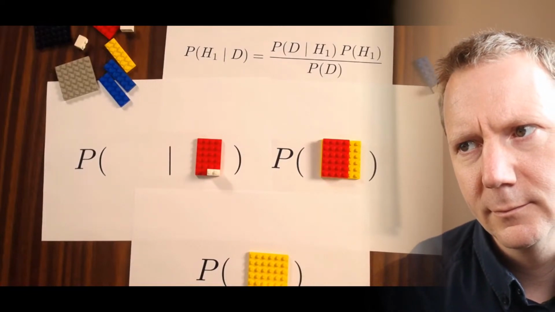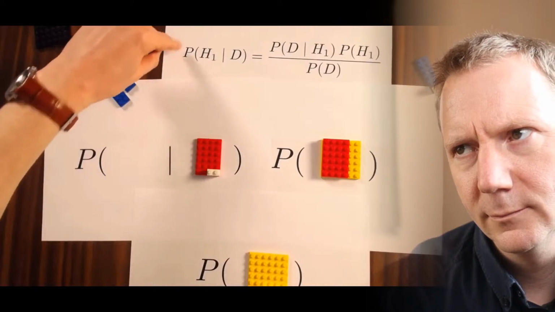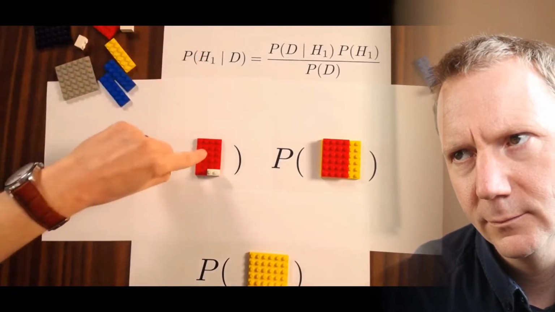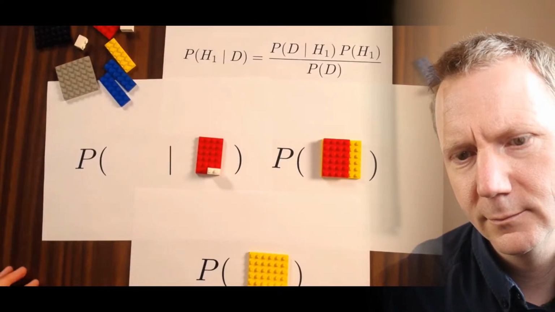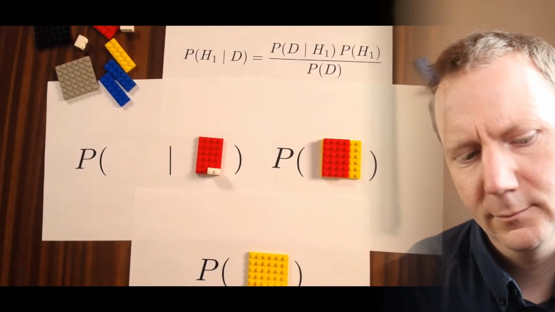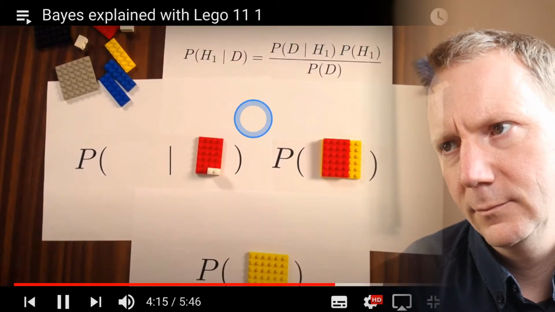And therefore, the likelihood of this hypothesis given the data equals 0.5. Now, we can do the same for the other hypothesis, hypothesis number 2.